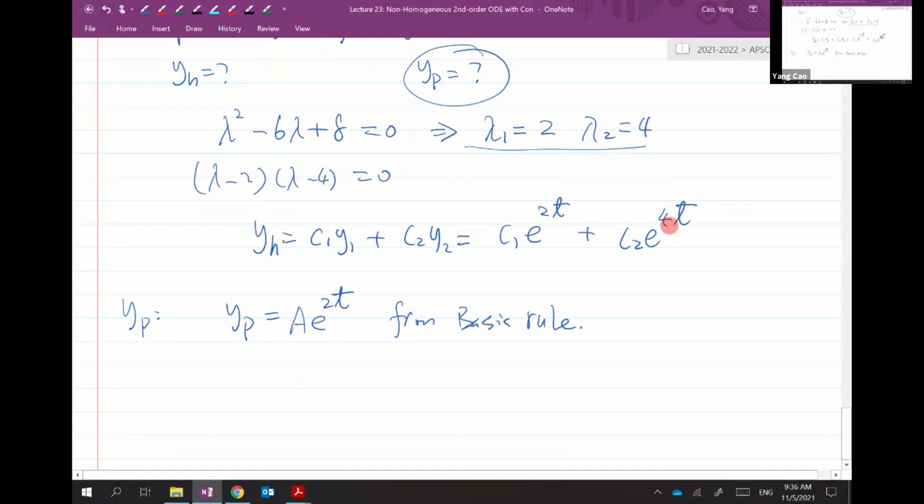As a comprehensive exercise, you always go to the second rule, the modification rule, to see if you need to apply it or not. So you examine your yp against y1 and y2. See if they duplicate. Apparently here, this one duplicates with this. Then you need to apply the modification rule, which is a t e to the 2t, right? This is the multiplication rule, the modification rule.